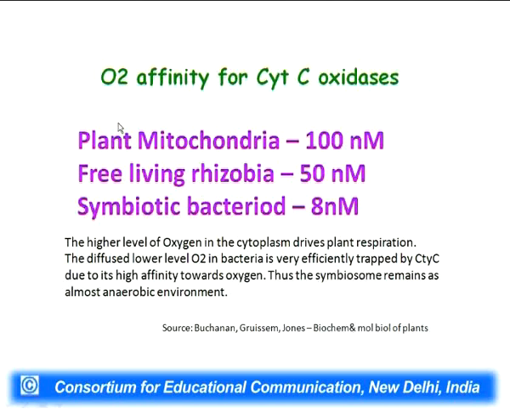So, oxygen binding with cytochrome c reaches saturation at 100 nanomolar in the plant, and in the symbiotic bacteria, in the same cell where the bacteroid is, this is a very high affinity. When values are low, affinity is called high. Because it is a very high affinity, even at 8 nanomolar it can reach saturation, whereas the low affinity one is saturated at 100 nanomolar.